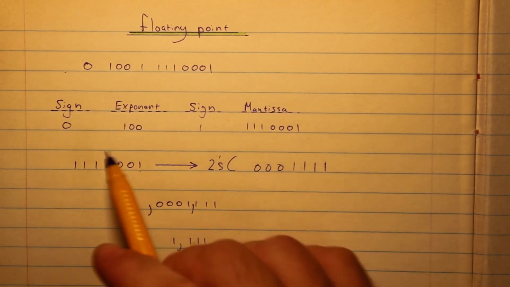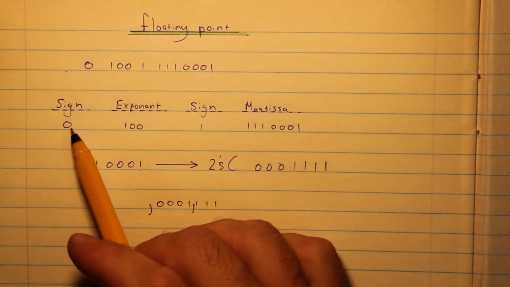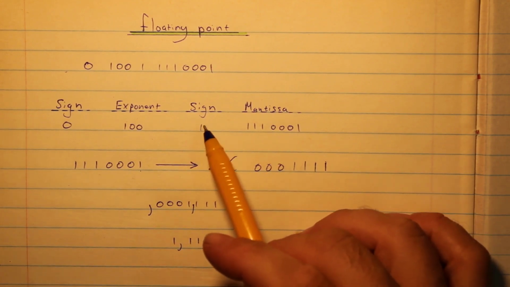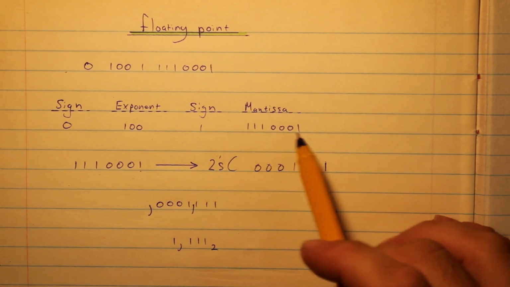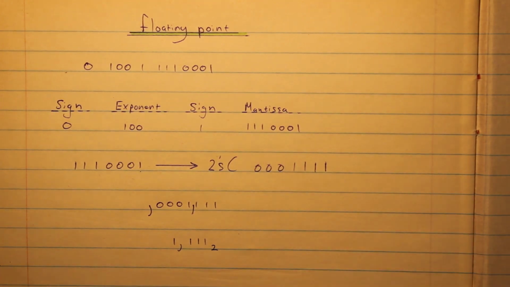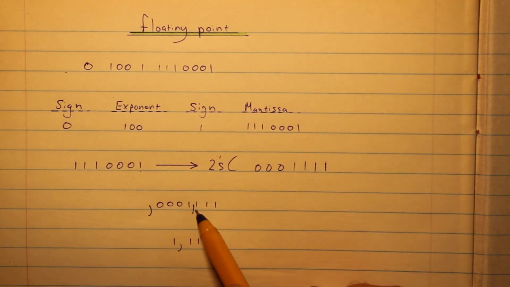Remember again: the sign of the exponent, the exponent, the sign of the mantissa, and the mantissa. If the sign is a 0, we wouldn't use 2's complement. We would just take the mantissa, know that the comma is in front of it, and float it to where it's supposed to be. In this case, the exponent was 4, and we moved it 4 positions.